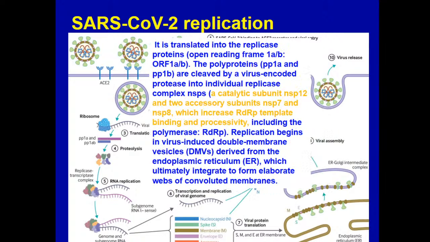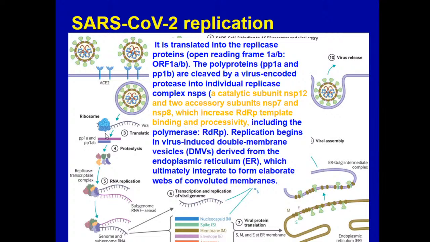What next? Once the RNA is released, it will be translated on the ribosome directly, but not the whole RNA will be translated, only a very small part from the first open reading frame, and a couple of proteins will be produced.